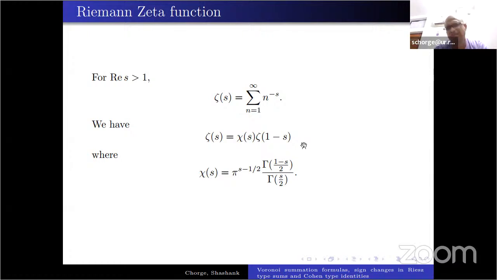There are many functional equations available, but the reason I chose this asymmetric representation is that it plays an important role in our theorem, in deriving the Voronoi type summation formula. And chi of s is defined as a quotient of gamma functions.